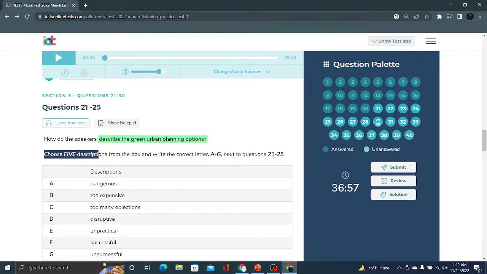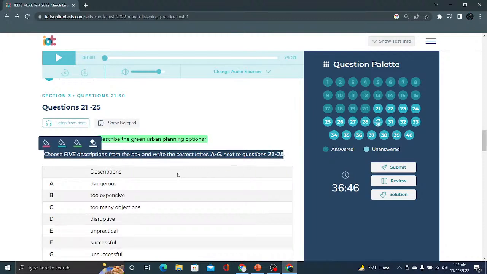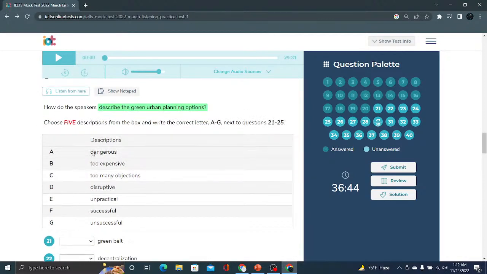Choose 5 descriptions from the box and write the correct letter A to Z next to questions 21 to 25. Okay, so the descriptions: dangerous, too expensive, too many objections, disruptive, unpractical, successful, unsuccessful.